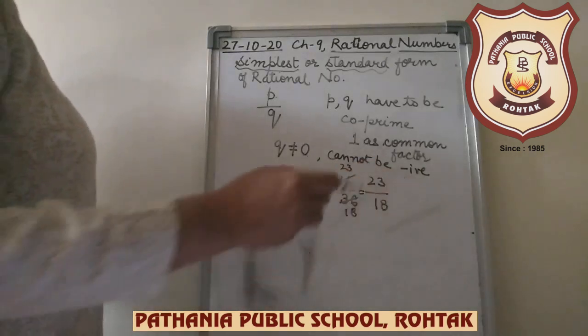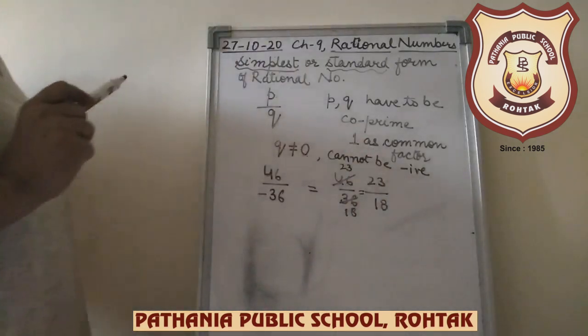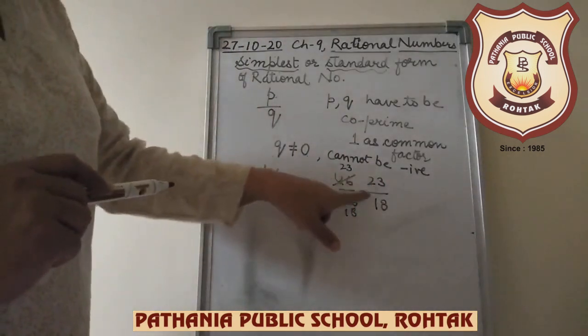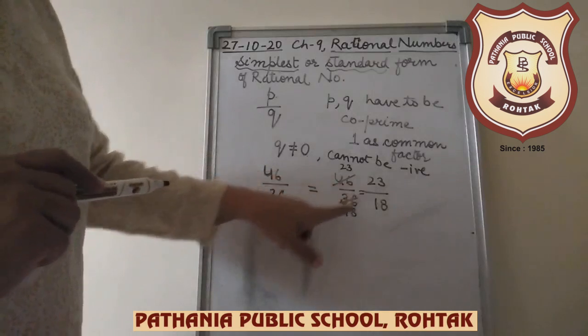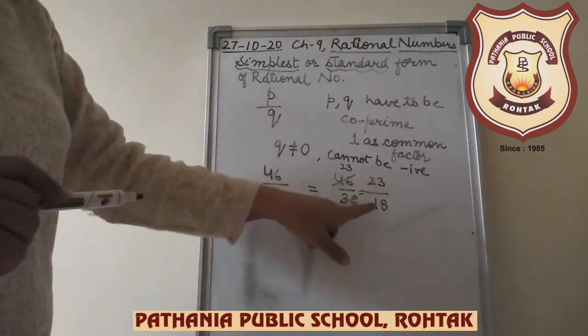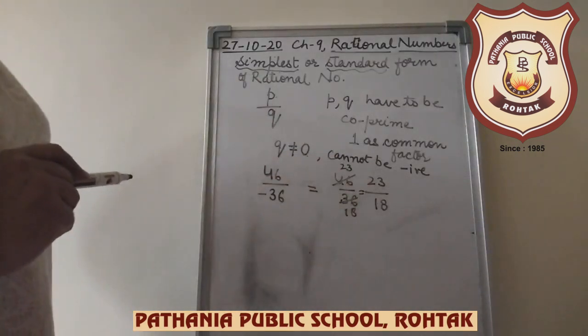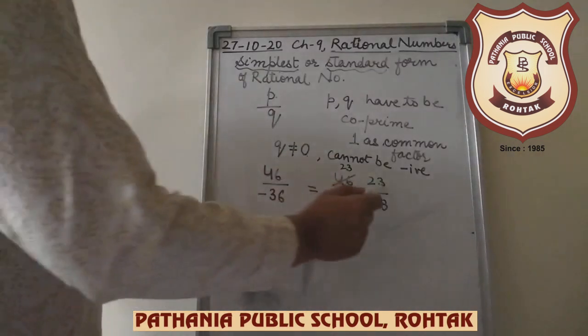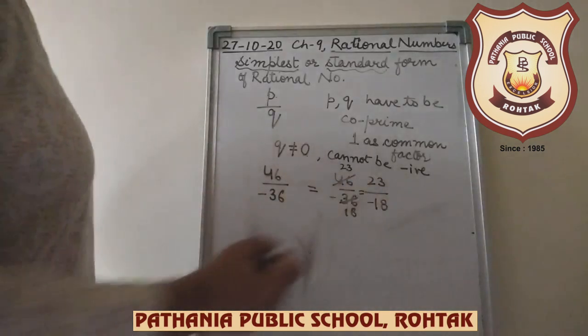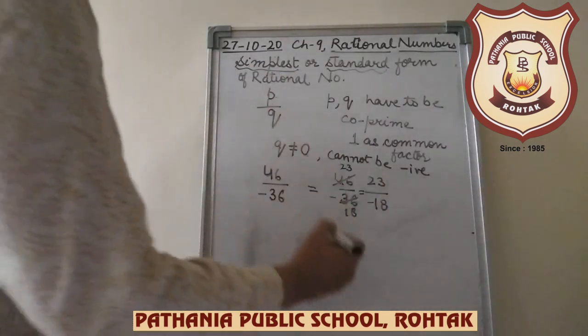Now can you see that there is no common factor between them except 1. Okay, but this 36 is negative. Further you cannot reduce it.